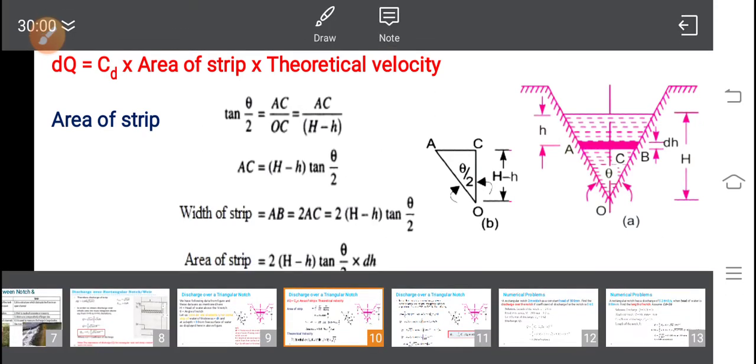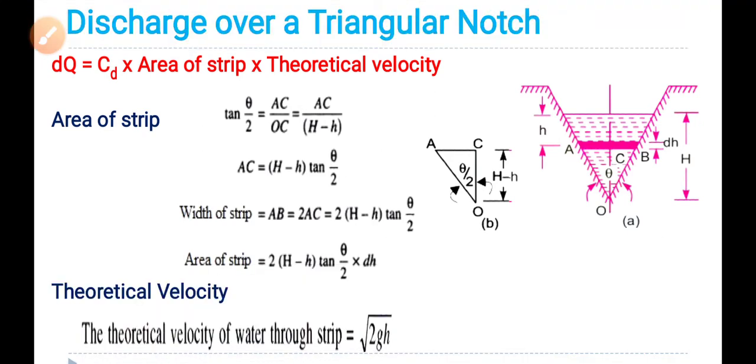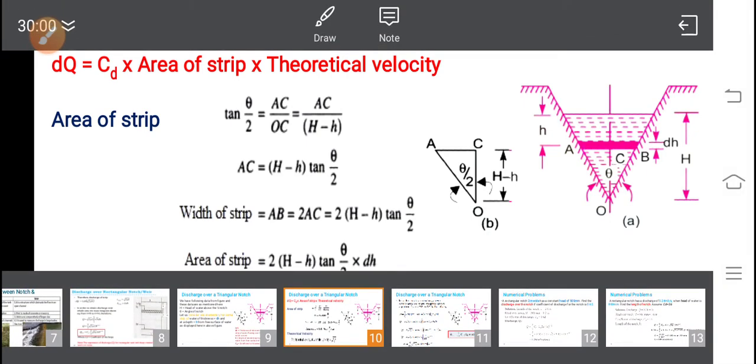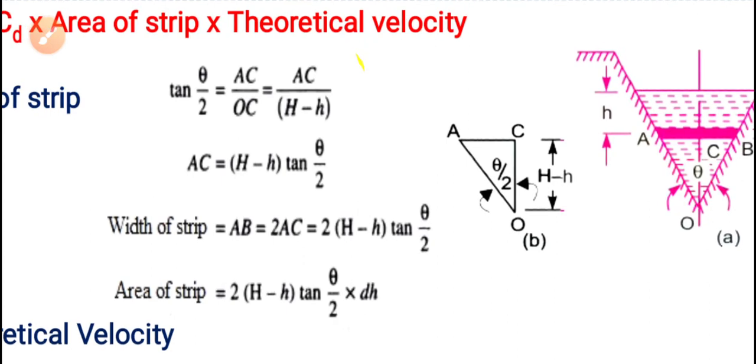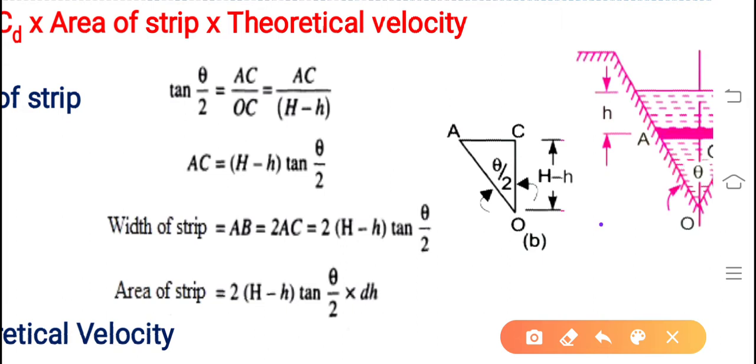We will take half of this angle, ACO. Tan theta by 2 is equal to AC by OC is equal to AC by H minus h. OC is nothing but H minus h, total capital H minus small h.